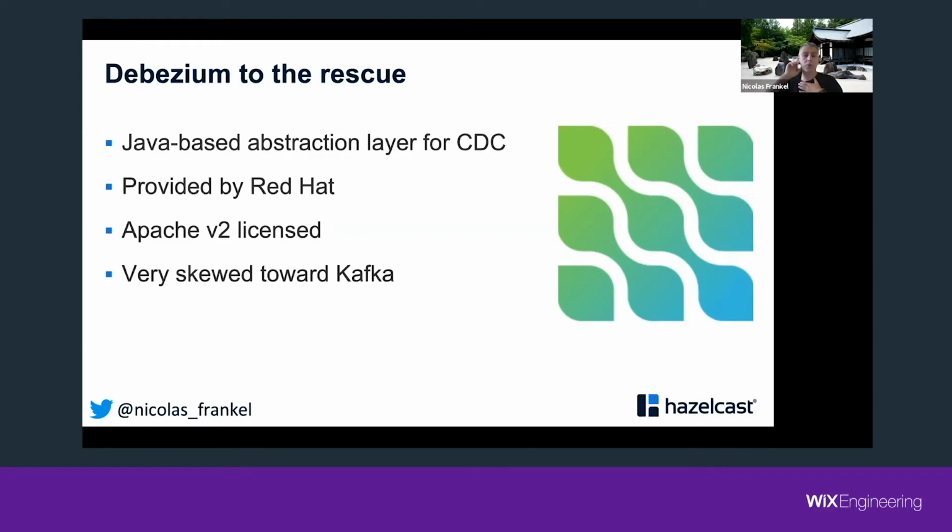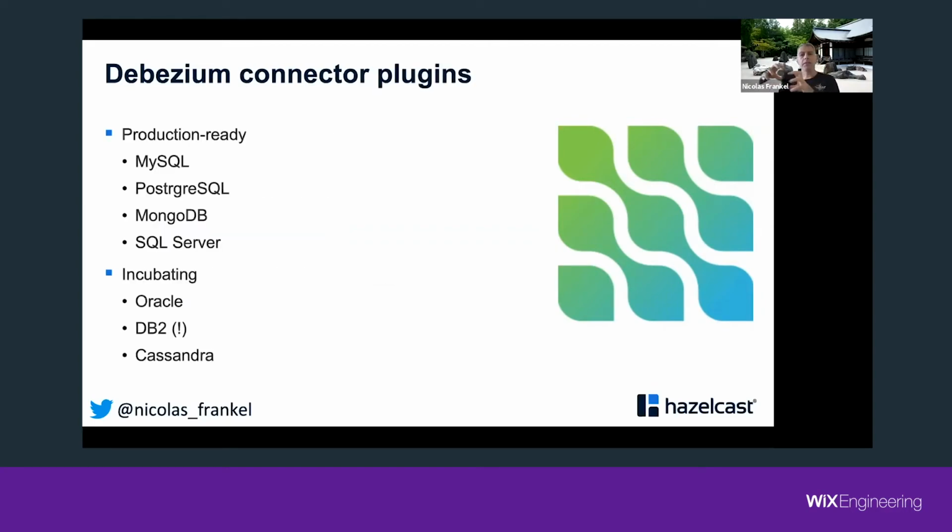So if you want to use Debezium, probably you will be using Kafka. It provides different connectors for different databases: MySQL, Postgres, Mongo even, SQL Server. There are incubating ones too, and that's already a lot of the market share.